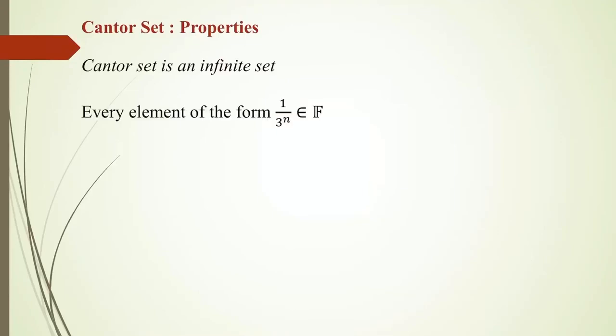So how can we prove this? We know that 1/3 will be in the Cantor set, 1/3², 1/9 will be in the Cantor set, 1/27 will be in the Cantor set. So every element of the form 1/3ⁿ is an element of the Cantor set F. This is true for every n in the natural numbers. So the Cantor set must be an infinite set.